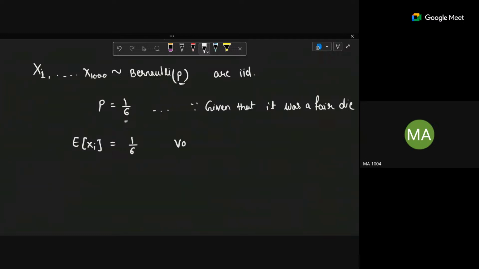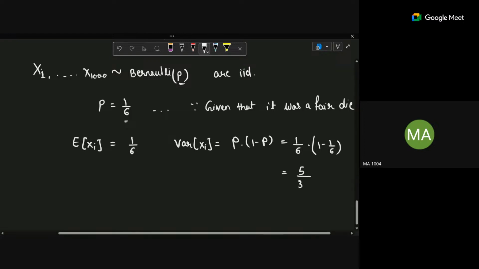What is the variance of xi? P into 1 minus P, that is 1/6 into 1 minus 1/6, which is 5/36. This is your sigma square. And nu is 1/6.